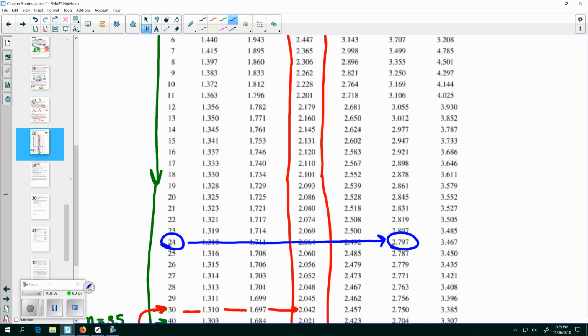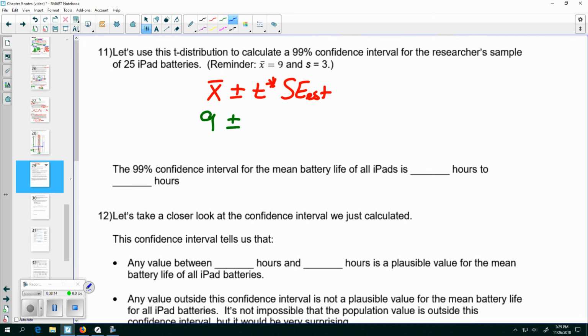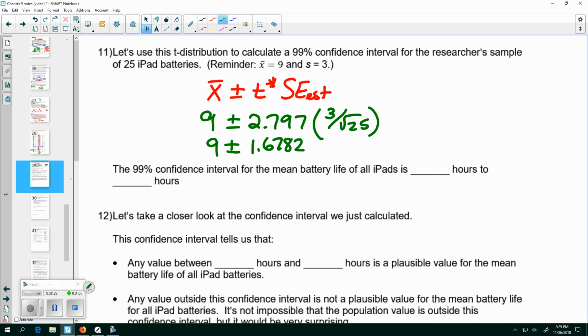I'm not going to go up on the screen, but if you scroll up on your papers, you'll find that that's underneath the 99% confidence level. All right, so we're going to use 2.797 times 3 over the square root of 25. We get 9 plus or minus 1.6782. Again, you may want to press pause to verify that.